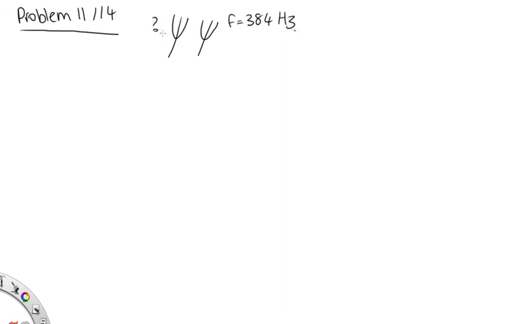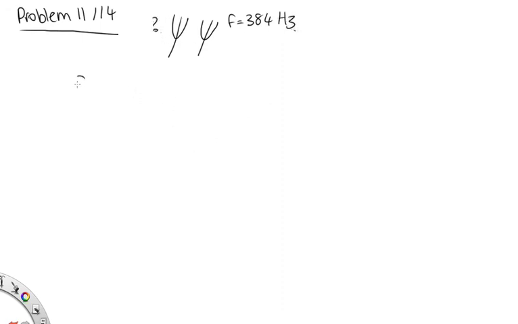Problem 11 for 1121 or 14 for 1131. In this problem, we've got 2 tuning forks. One has a frequency of 384 Hertz, and one has some unknown frequency.